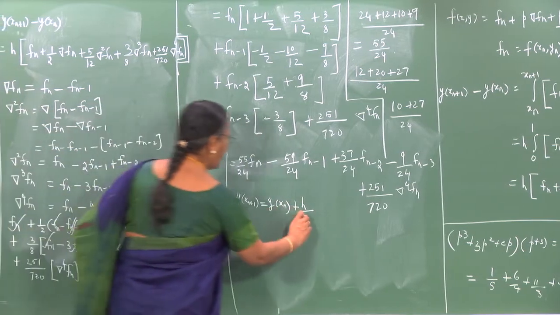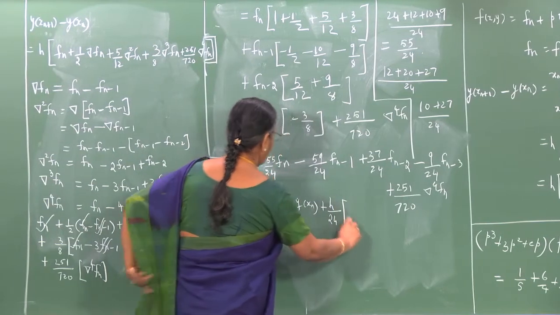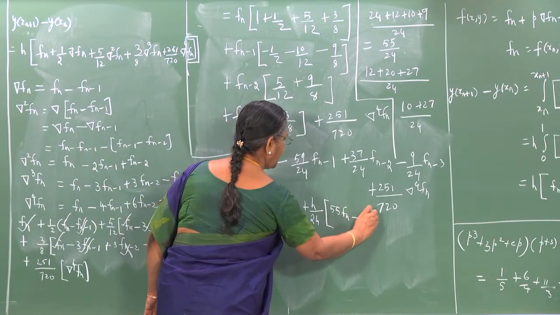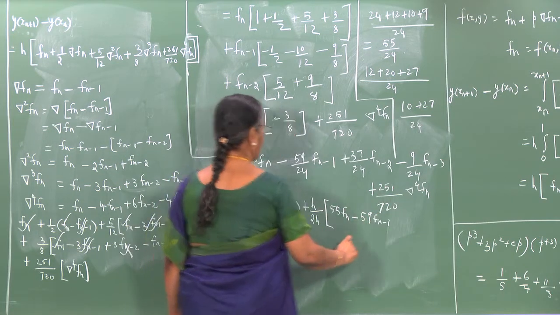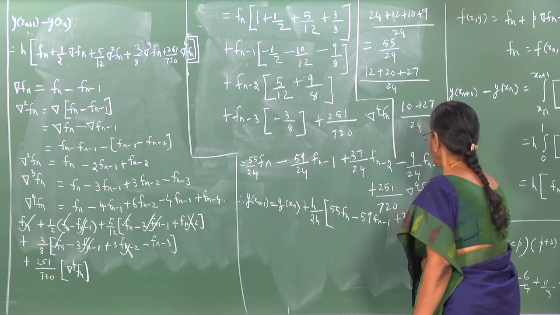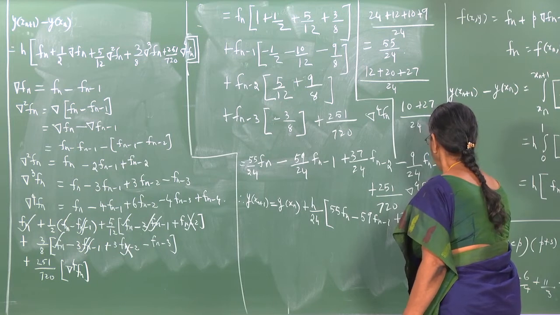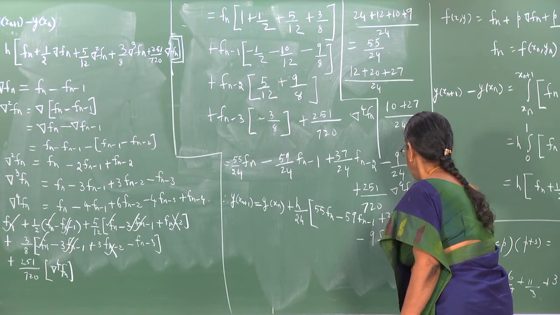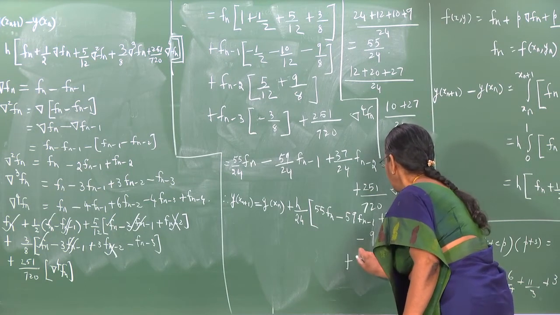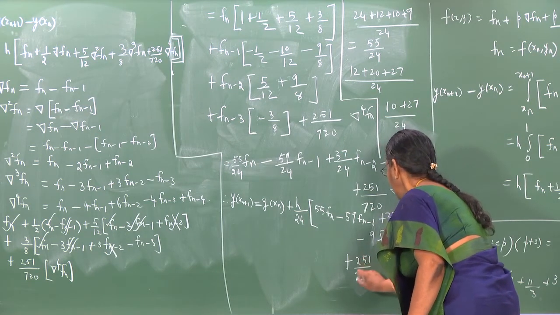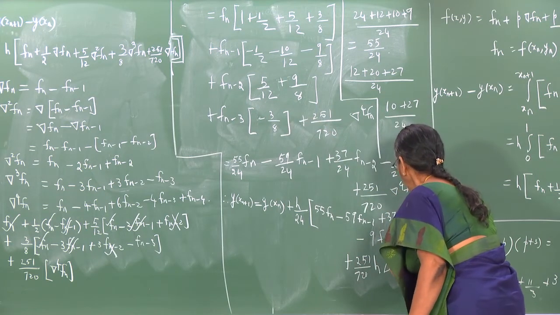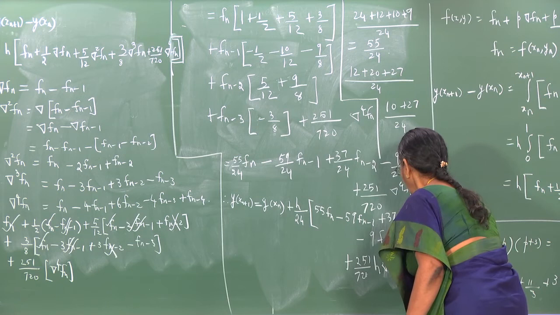So, h by 24 into 55 Fn minus 59 Fn minus 1 plus 37 Fn minus 2 minus 9 Fn minus 3, plus 251 by 720 into h into del power 4 Fn.